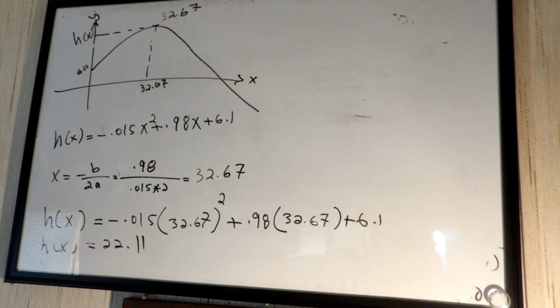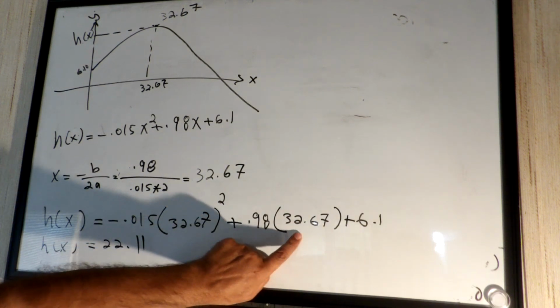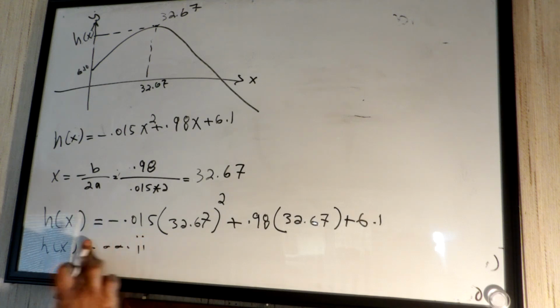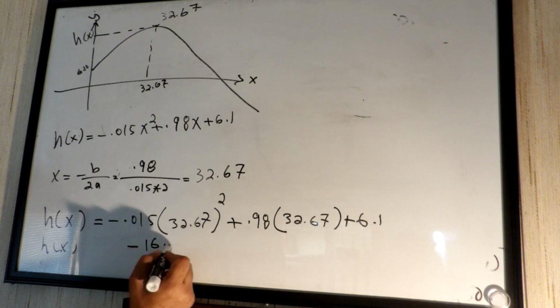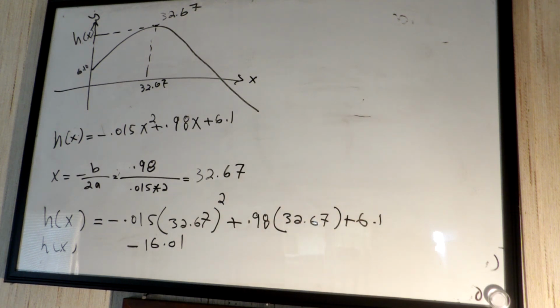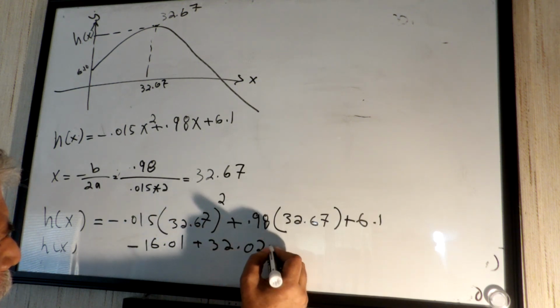You raise this to the power of 2 and multiply by this, and this is negative, and then this is going to be positive. 32.67 to the power of 2 times 0.015 is going to be minus 16.01, and 0.98 times 32.67 is going to be plus 32.02, rounded, and plus 6.1.